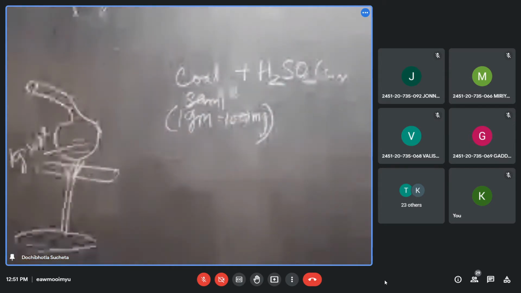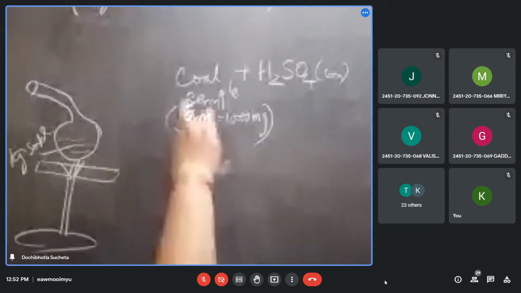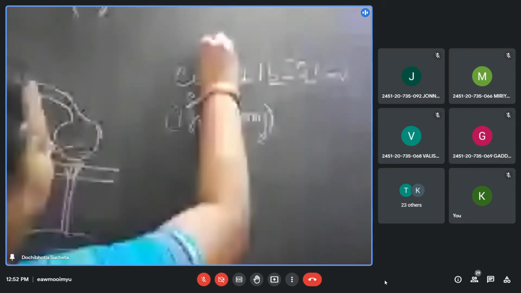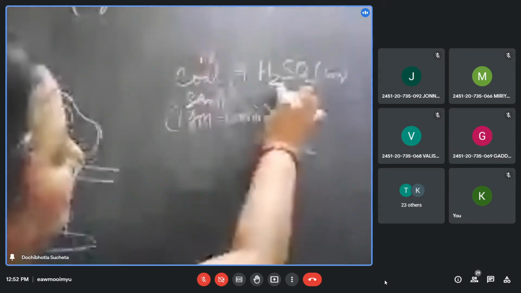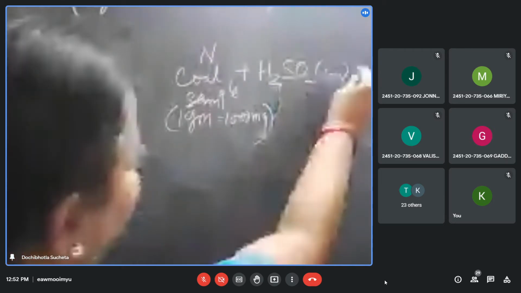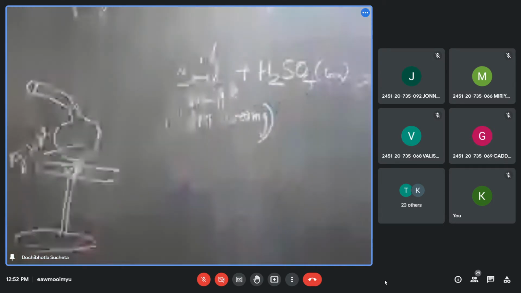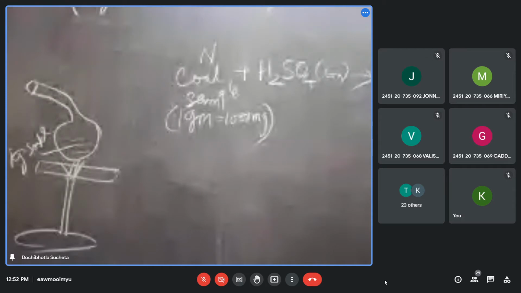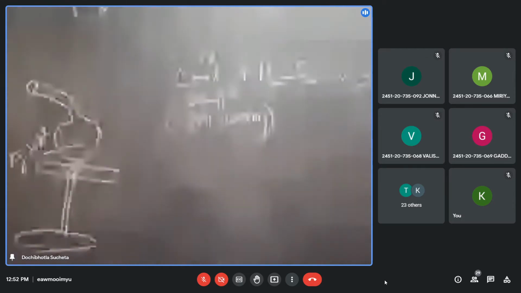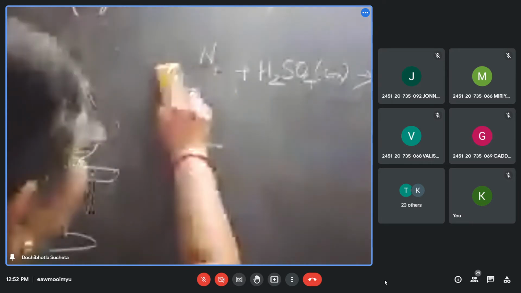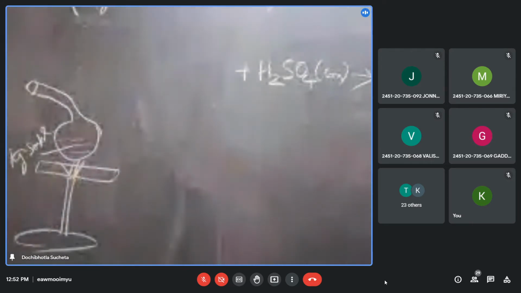What will happen in the coal sample? The nitrogen that is present will quickly react with the sulfuric acid to form ammonium sulfate. This process is done in the presence of catalysts like potassium sulfate and copper sulfate to enhance the activity.